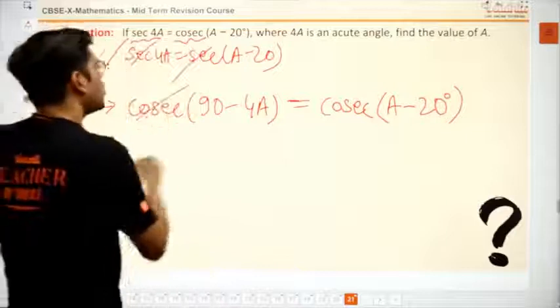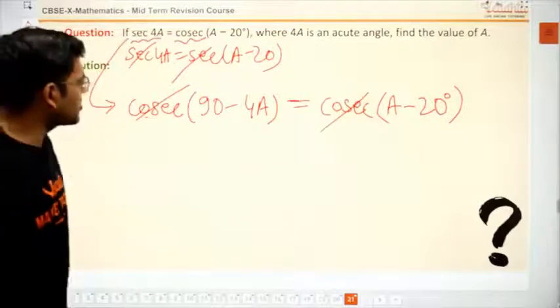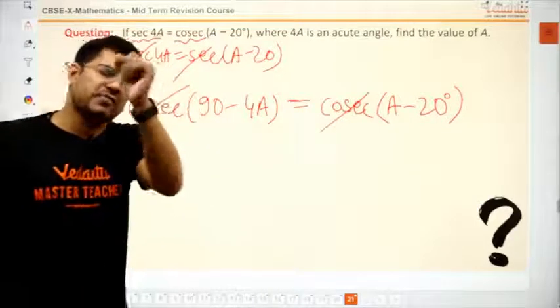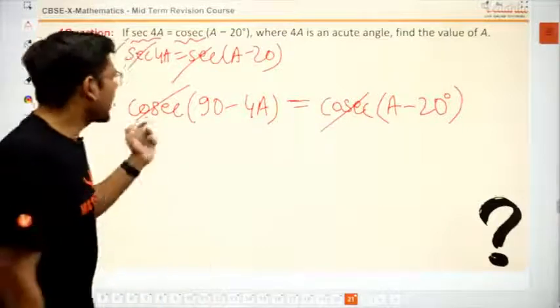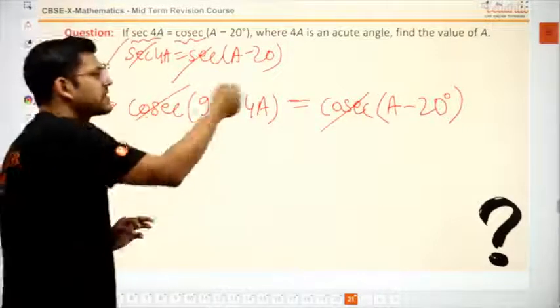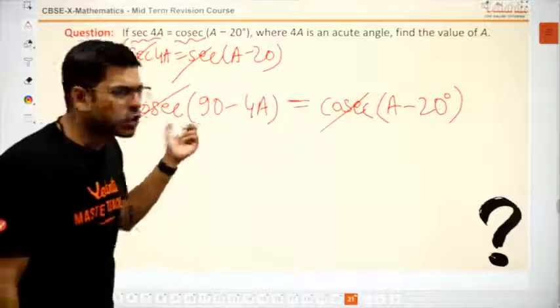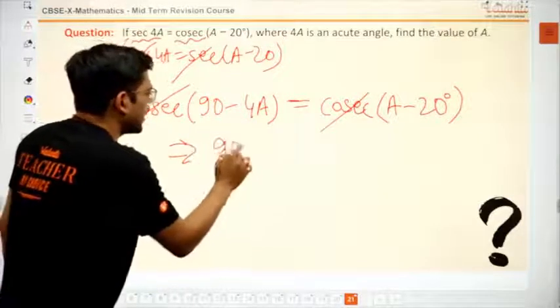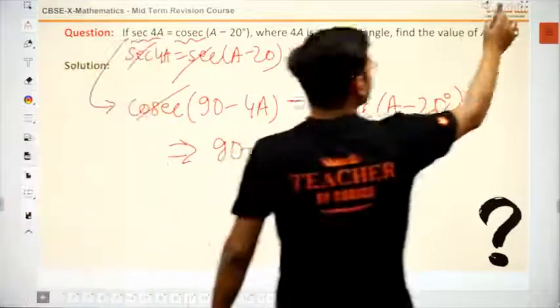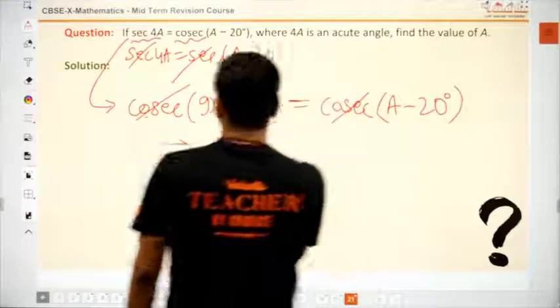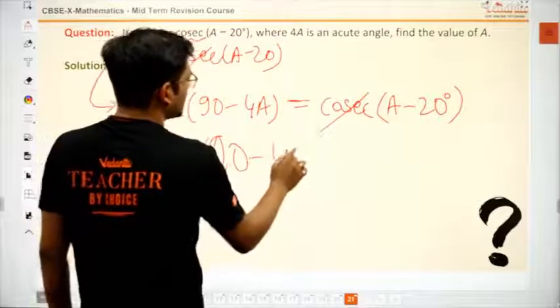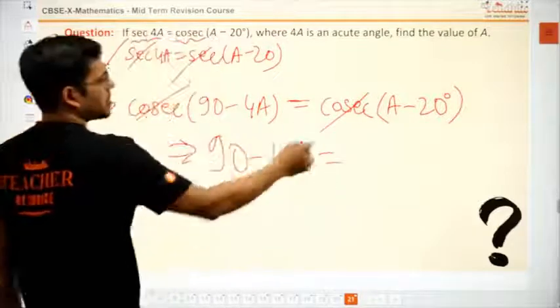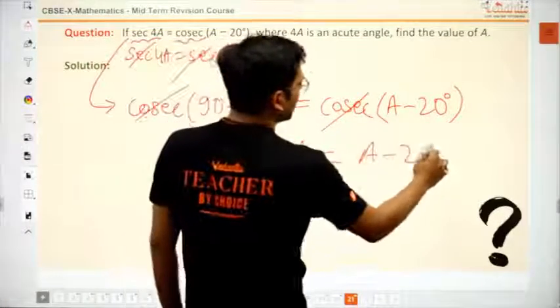Now guys, you can cancel it. Cosec is cancelled, although it is not really cancelled, but to make it easy for you, you can cancel it. It is not right to cancel this cosec because T ratios never get cancelled. It is only that 90 minus 4a is equal to a minus 20.